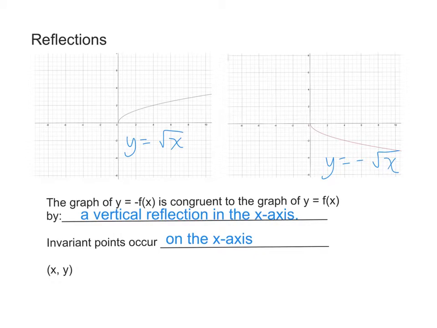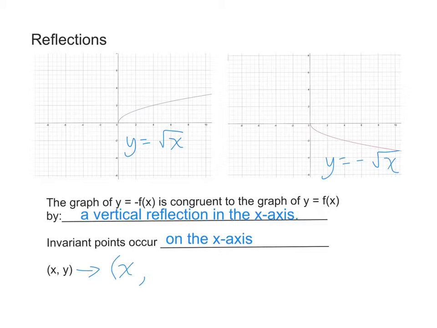Then we need to write a mapping rule. x, y maps to... if invariant points occur on the x-axis, that's because the x values are not changing. So for the mapping rule, x, y maps to x. x is not going to change, but what happens to the y values?